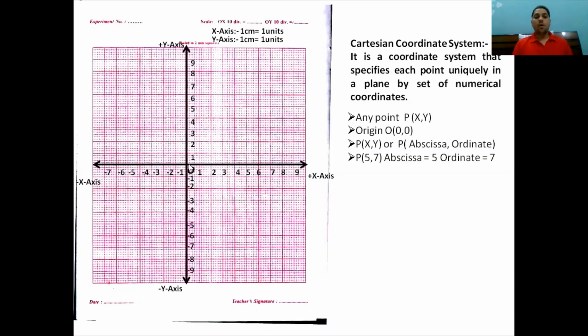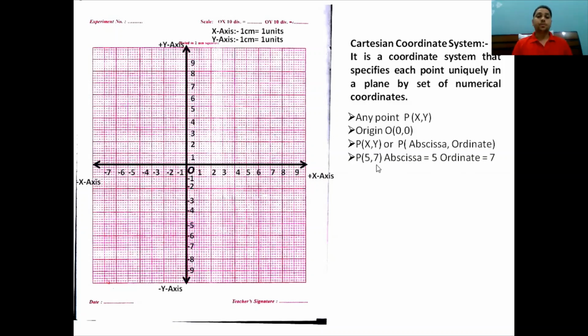From this (0, 0) we have all the directions of positive x and negative x, similarly positive y and negative y. Then in point P(x, y), x is known as the abscissa and y is known as the ordinate. So in P(5, 7), 5 is the abscissa and the ordinate is 7.